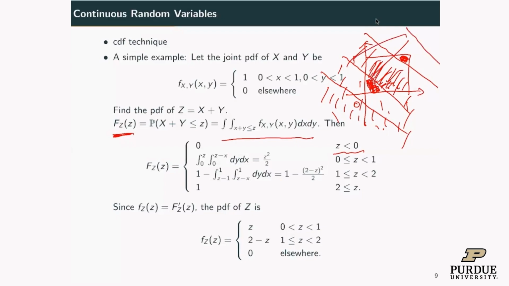So that will include everything. Essentially you will integrate your PDF over the whole region. It is 1. Now I can get the CDF of z. After you get the CDF of z, you take the derivative, you can get the PDF of z. So this is the distribution of z. What is z? Z is x plus y.